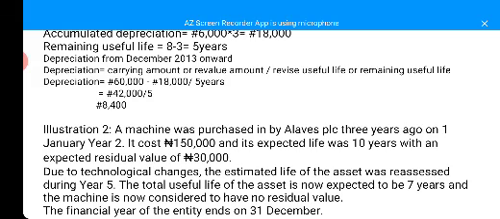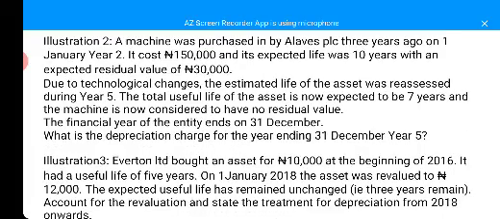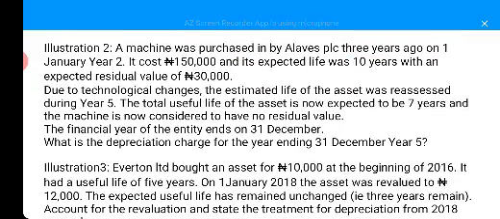Now let's look at this illustration together. A machine was purchased by Alaves PSC 3 years ago on 1st of January, year two. It cost 150,000 naira, and its expected life was 10 years with an expected residual value of 30,000.